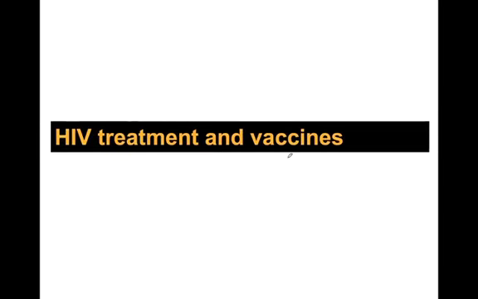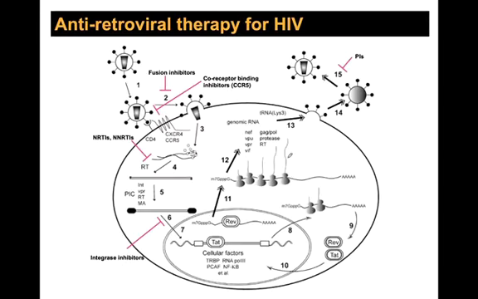So what do we do about it? Well, the first thing in Western countries, we have a number of antiviral drugs. And believe it or not, we don't have antiviral drugs for most viruses. There's a few, but they're very limited and they're sort of just general things. We have many for HIV, but they were all developed because of this global epidemic.